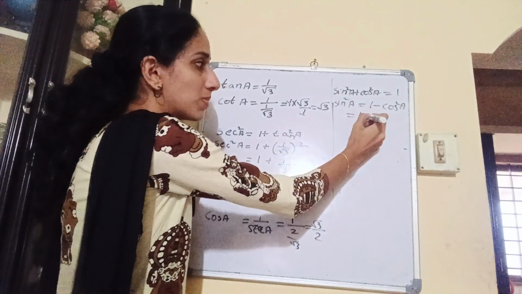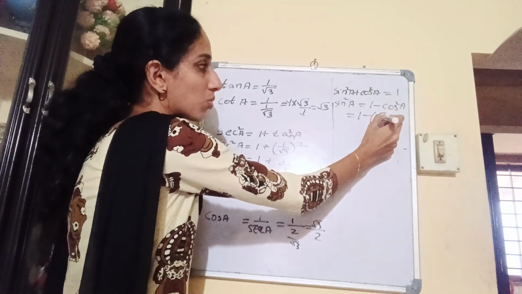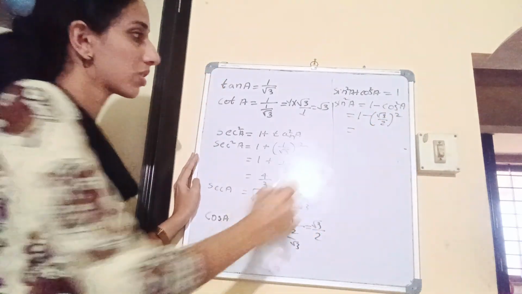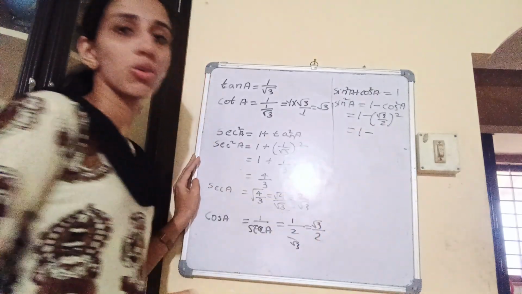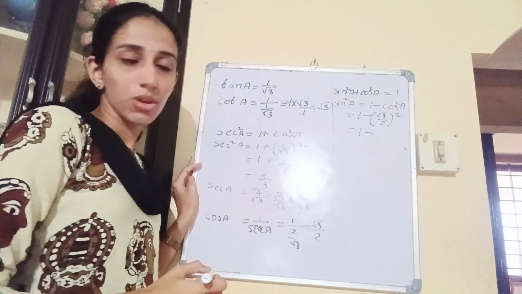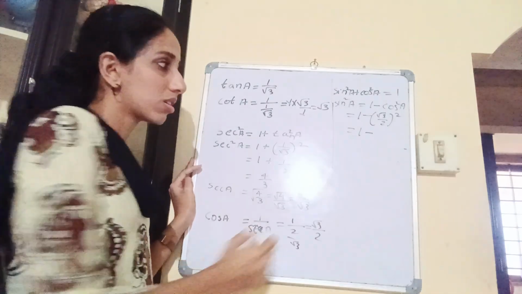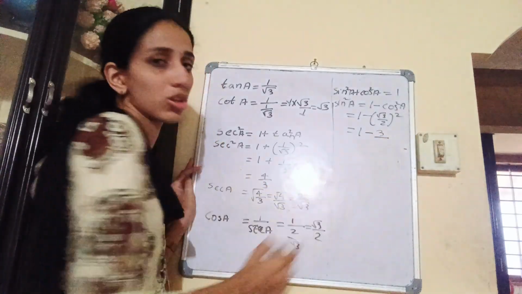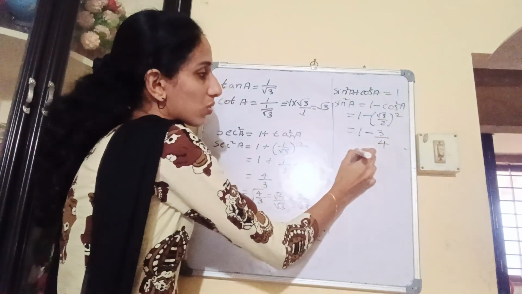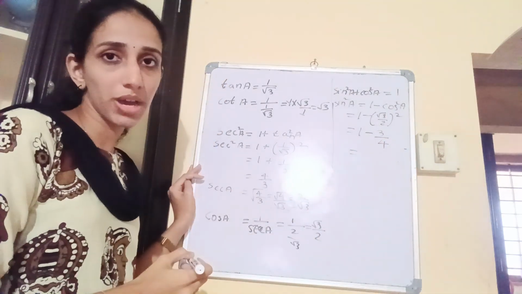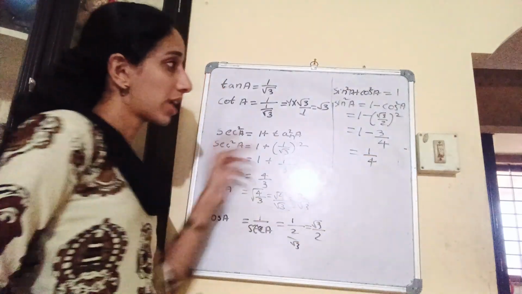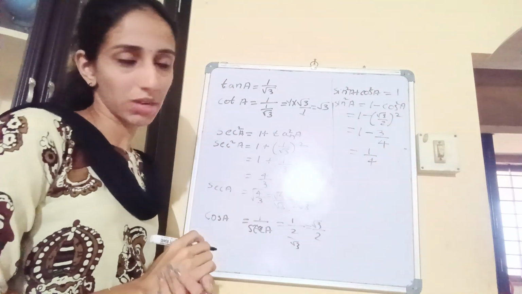The equation becomes 1 minus root 3 by 2 the whole square. What is root 3 the whole square? Root 3 square, that is 3, by 2 square. What is 2 square? It is 4. So what is the answer? 1 minus 3 by 4, that is 1 by 4 itself. We have sine square A is equal to 1 by 4.